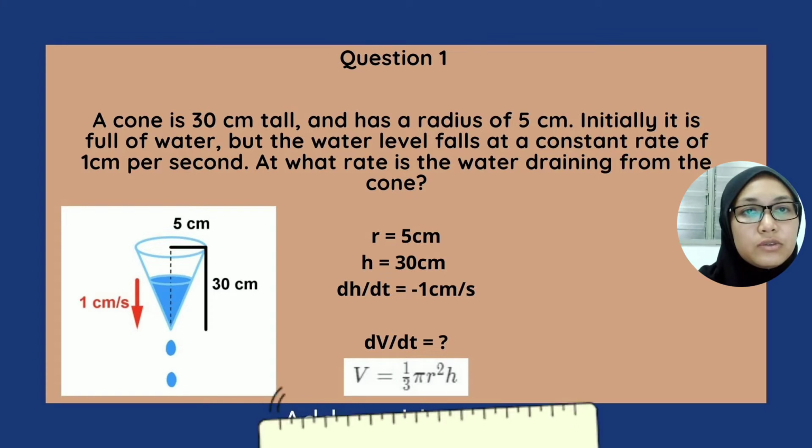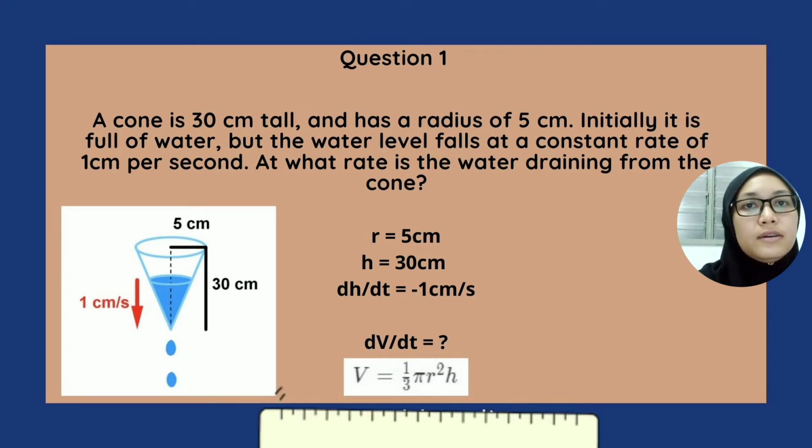So from the information given, R is 5 cm, h is 30 cm, and dh over dt is negative 1 cm per second. The reason the rate of change of height is negative is because the water level is decreasing. Also noted, the rate of change is constant.